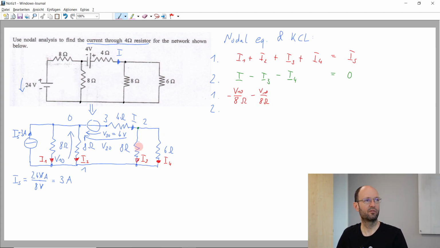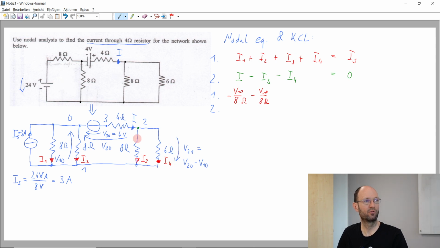So then we have this current here, and here I will introduce another voltage, and say this voltage from here to here, for example, would be the voltage V21, and the voltage V21 later on can be calculated from V20 minus V10. Right?